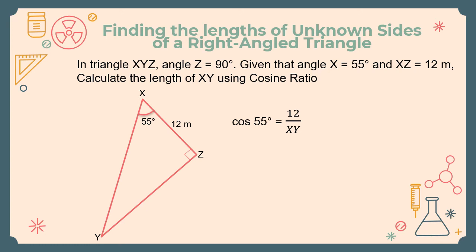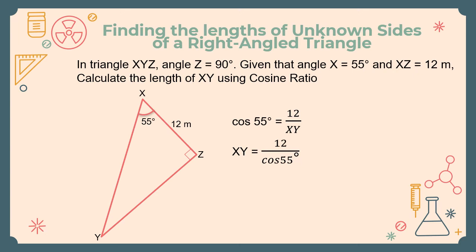So use the angle X, since the angle is 55 degrees. The formula for cosine is opposite side over hypotenuse. So the opposite side is 12, then the hypotenuse is XY, the missing side.